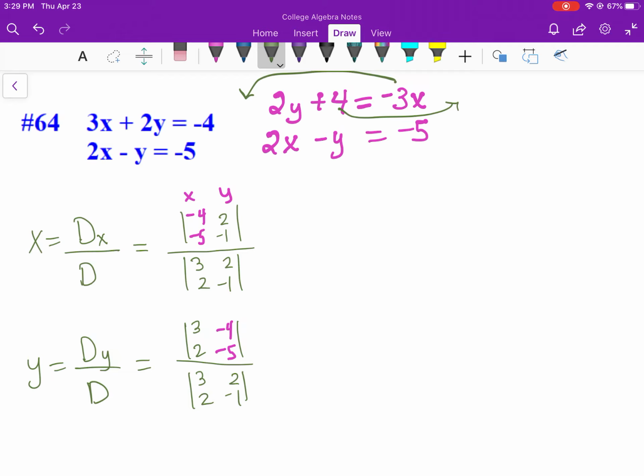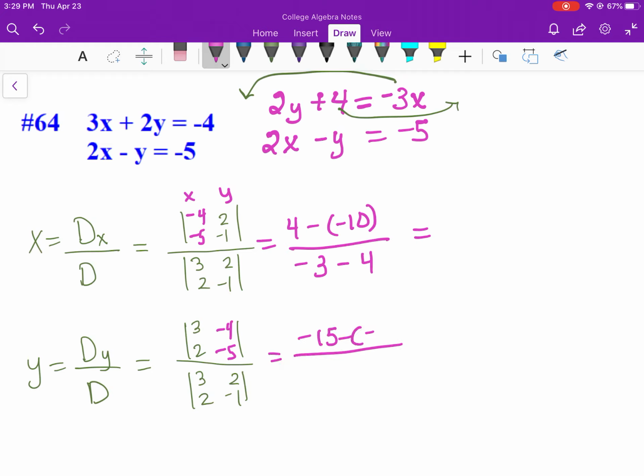And then we carry on with our arithmetic. So -4 times -1 is 4. Take away -10 over -3, take away 4. -15, take away -8. -3, take away 4.